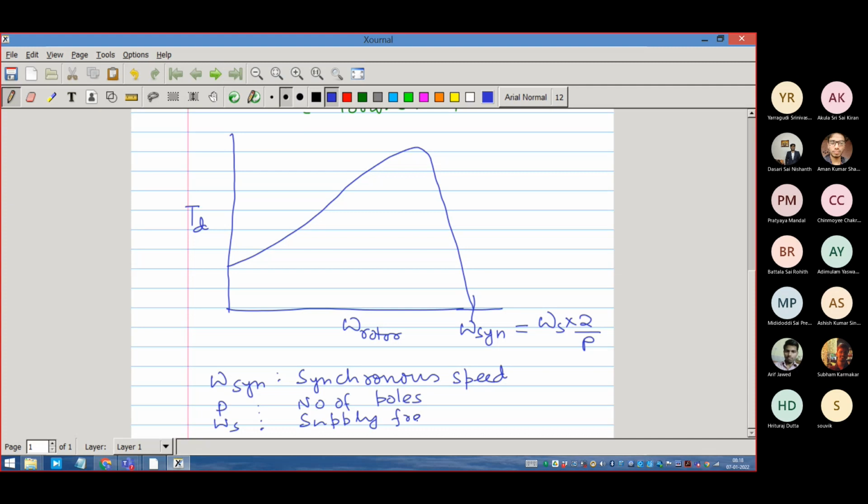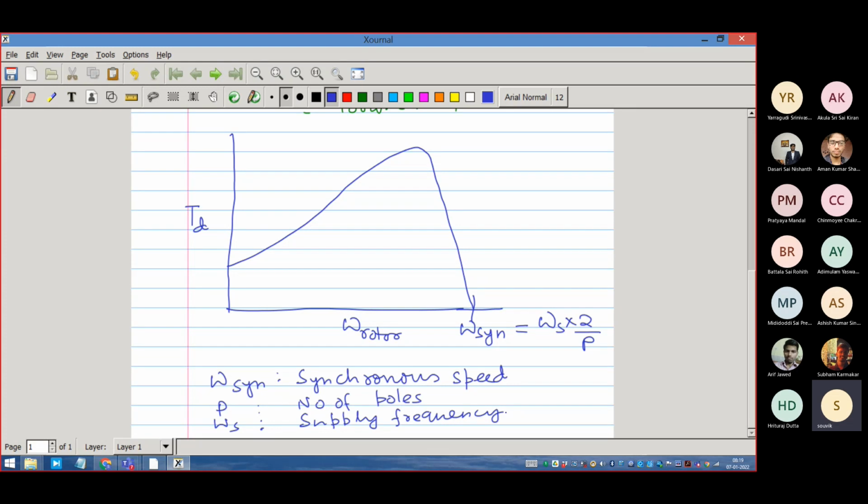Supply frequency, I am meaning in radian per second. So it is not in hertz. It is 2 pi f, where f is the supply frequency. Whenever I write omega, you have to think that the unit is radian per second.